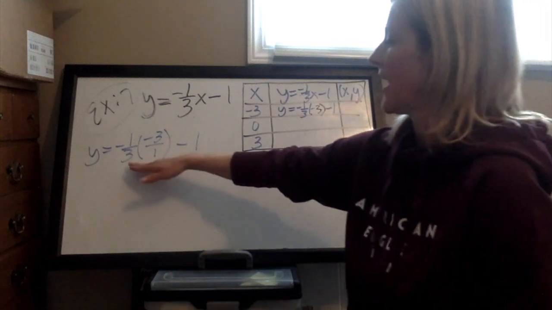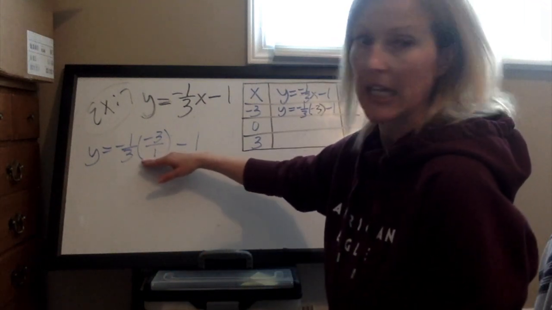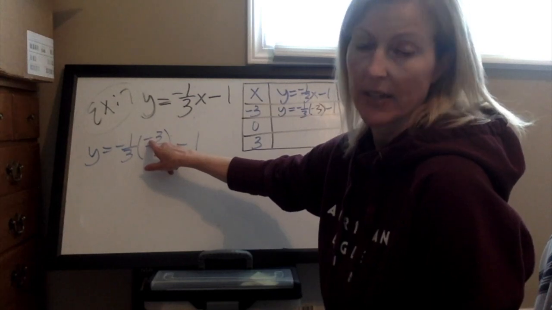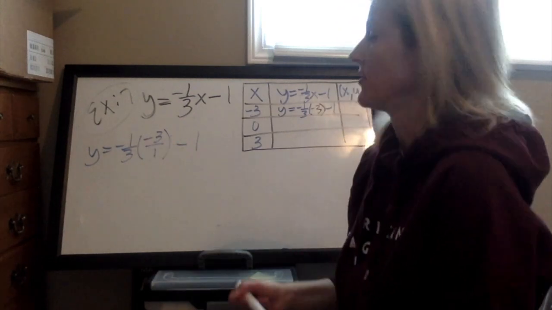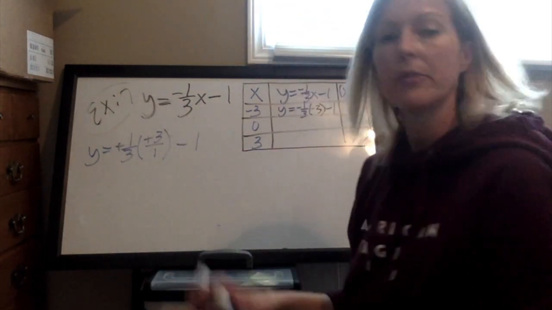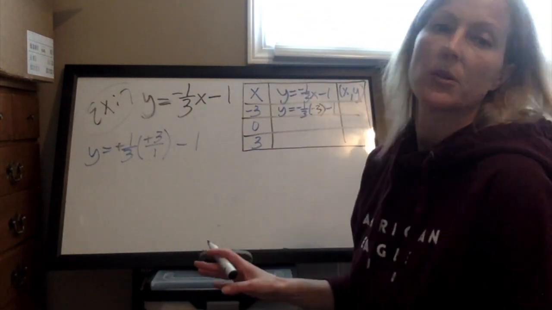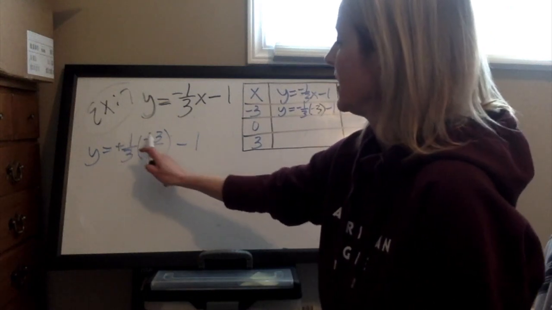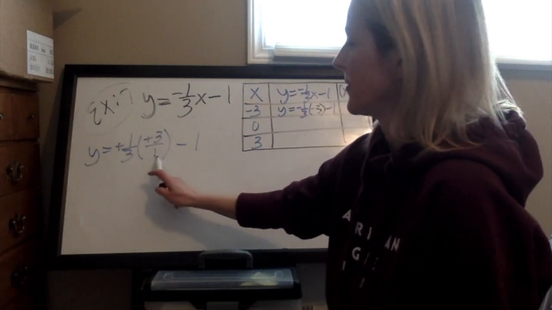So when working out this multiplication part right here, these two negatives I can cancel out right away because when you multiply two negatives, they cancel out. So I make those both positives. Now we don't have to worry about negatives anymore. That's always a good thing. Okay, so then I've got 1 times 3 and 3 times 1.